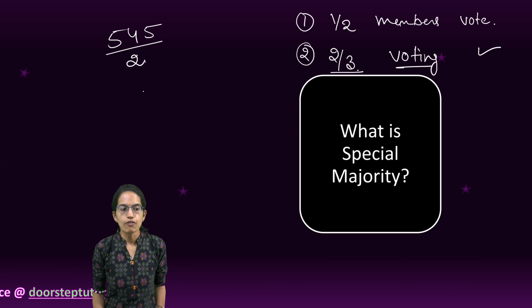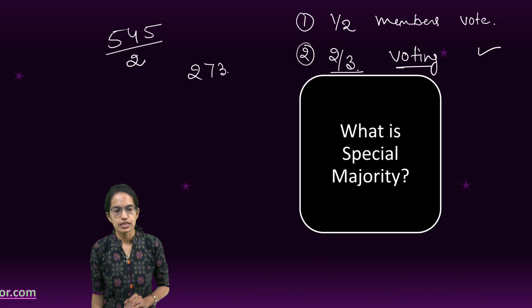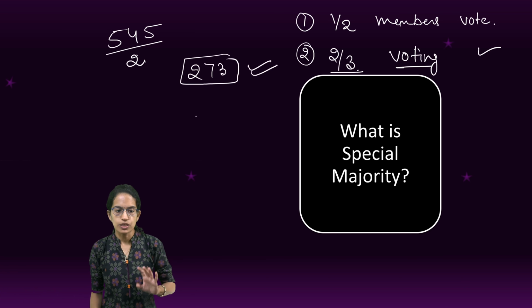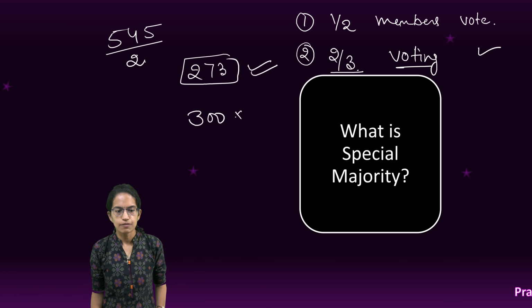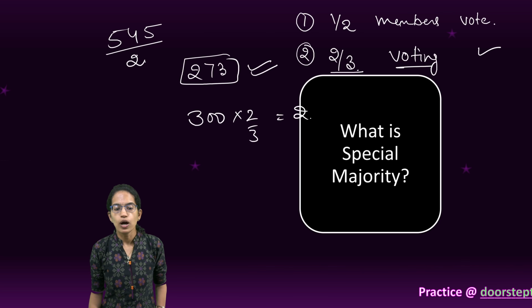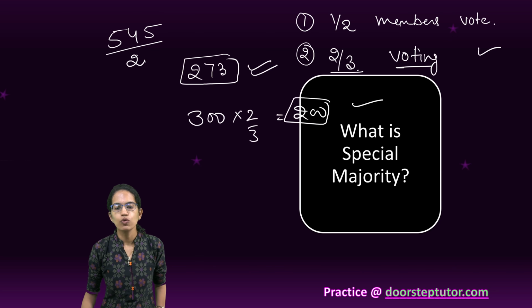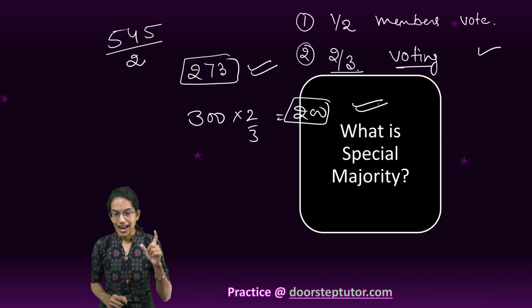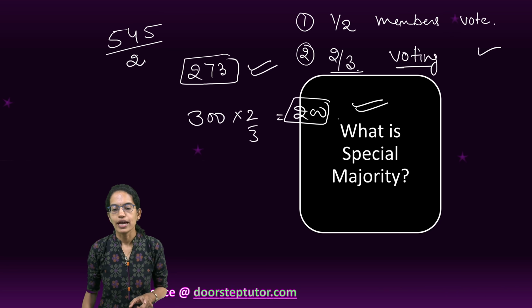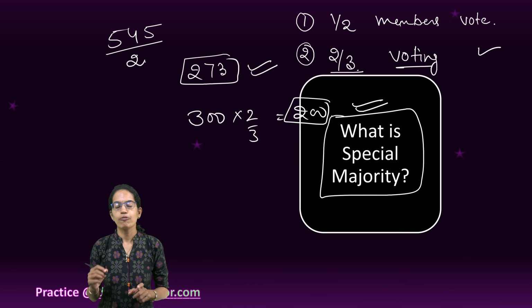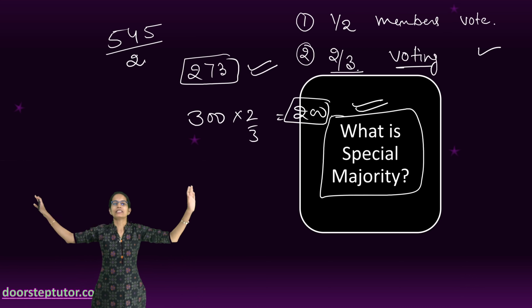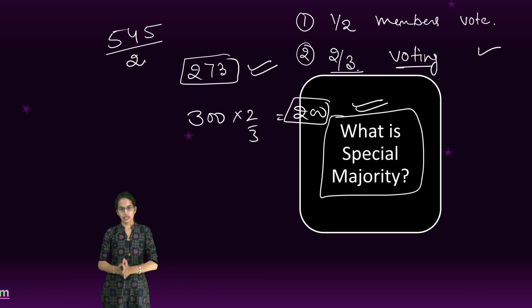Of this, half of the members, that is nearly 273 members, must vote. And of the total members, let's say there are 300, of that 200 members must vote in favor of it. That makes sure that it is being represented by a greater majority.